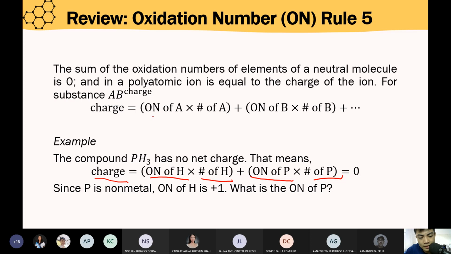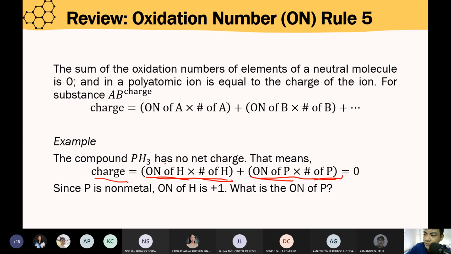Just as I said earlier, pag wala siyang exponent, zero charge yan. So, pag in-add mo dito, equal dapat yan sa 0 kasi wala siyang exponent. That's how you will tell if it has a charge. If wala siyang exponent, wala siyang charge, meaning 0 yung charge niya.